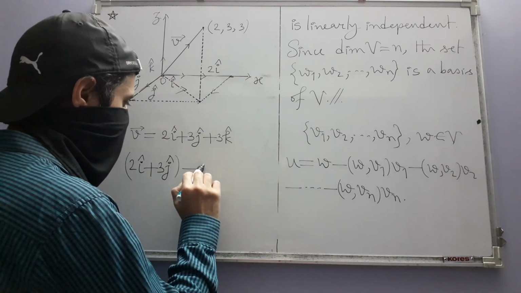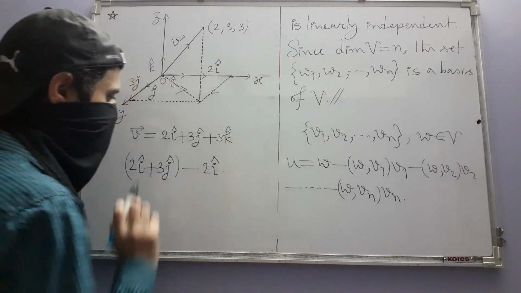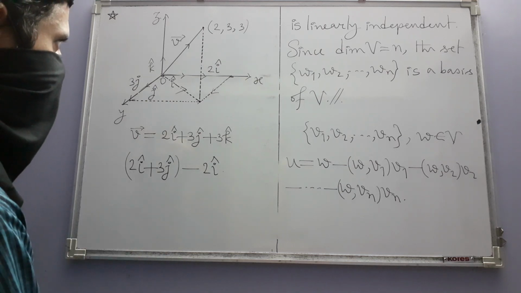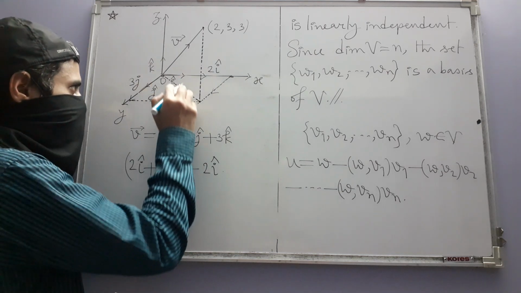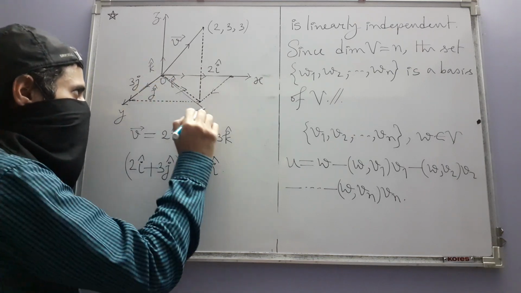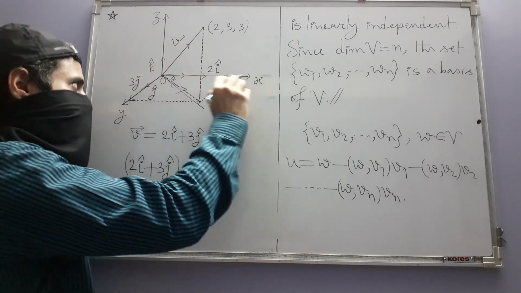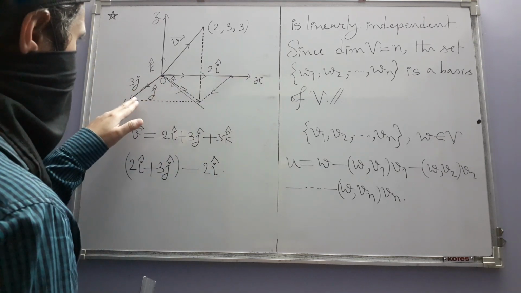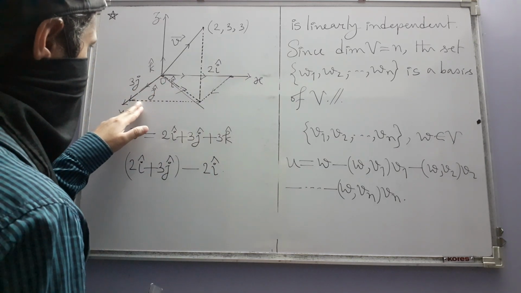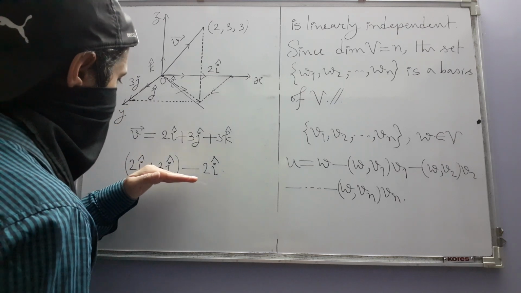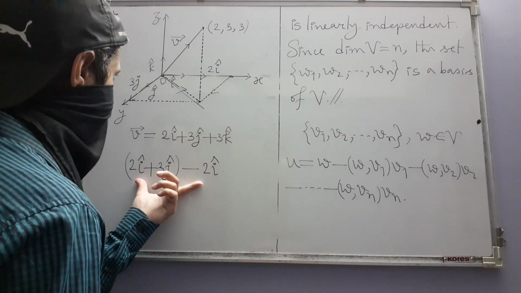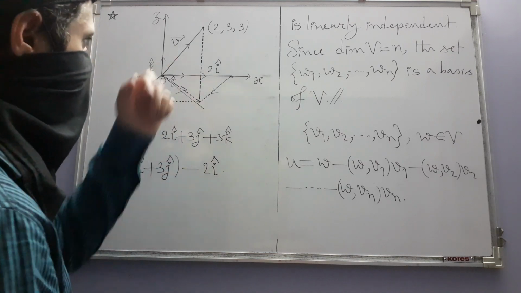If you subtract 2i from this, then you have 3j. So from this vector, if you are subtracting 2i, then you get 3j. So that after you have performed the subtraction, the resulting vector is perpendicular to 2i.